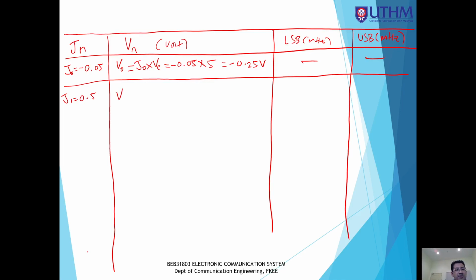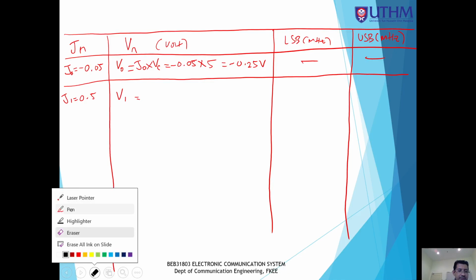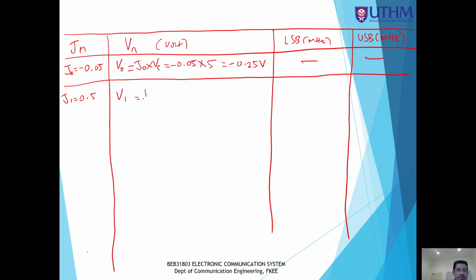That means V1 is equal to J1 times Vc, so this is 0.5 multiplied with 5 equal to 2.5.